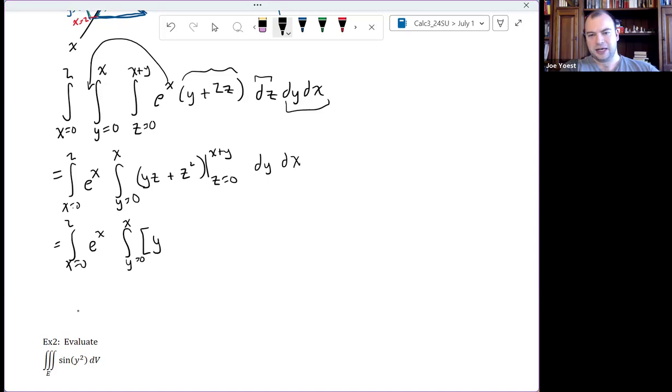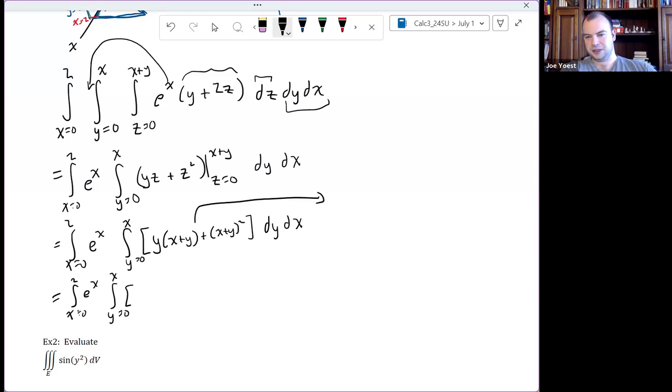Okay, and then I have y times x plus y plus x plus y squared, and then minus, when z is 0, that zeroes everything out, dy dx. And this gives me, let me actually just come over to the side here and do this.